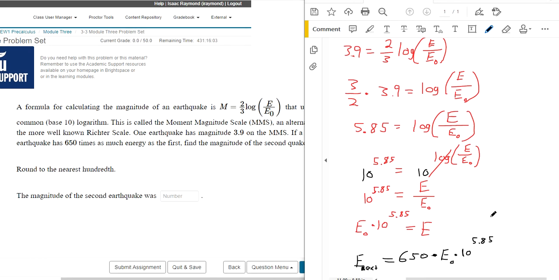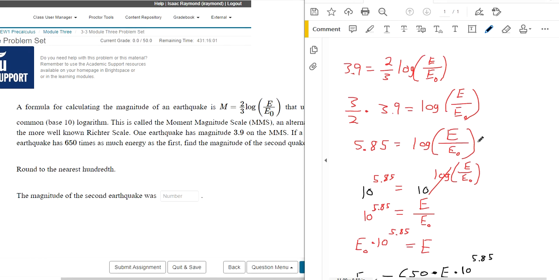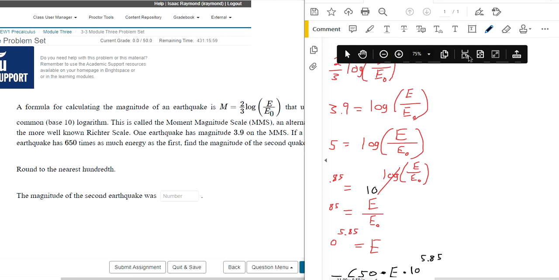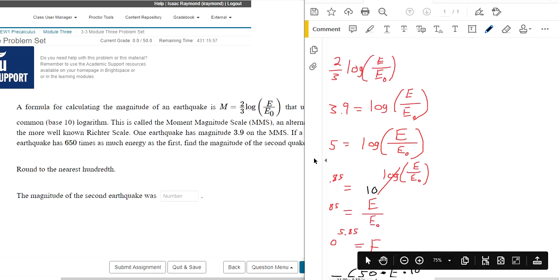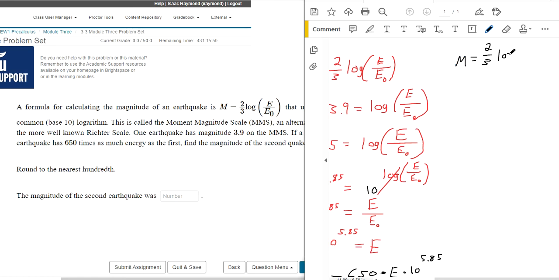Right, so now if we plug this into the formula, the formula is that the magnitude equals 2 over 3 times log E over E sub 0.